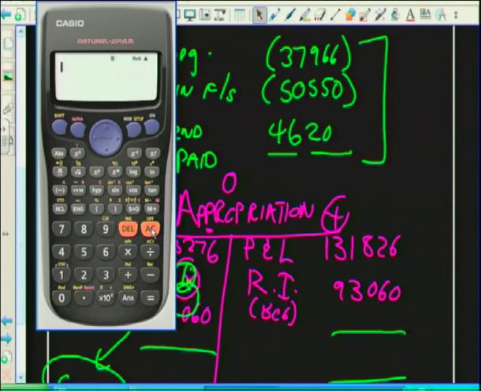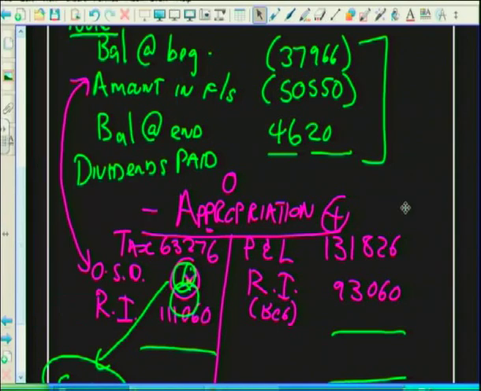So back to that calculator, 37,966. I've got two negatives, so I'm adding 50,550 less my 4,620 to give me dividends paid for the year, 83,896. So let's enter that as our answer.